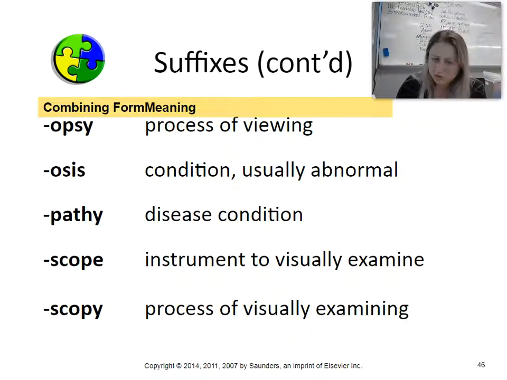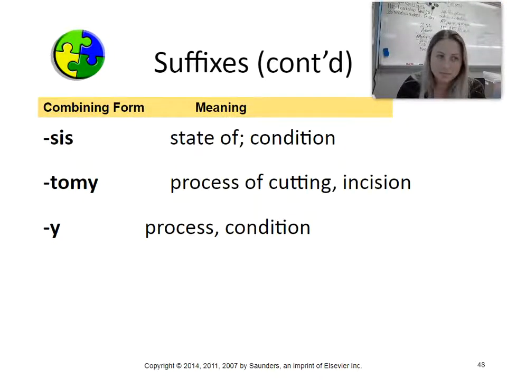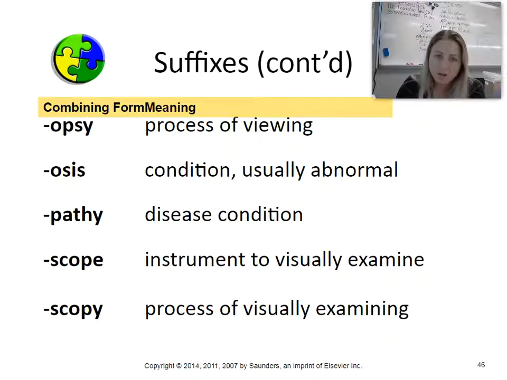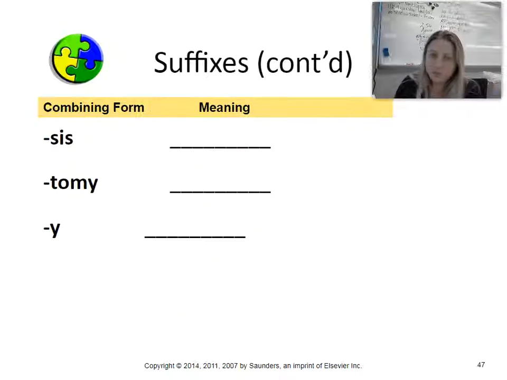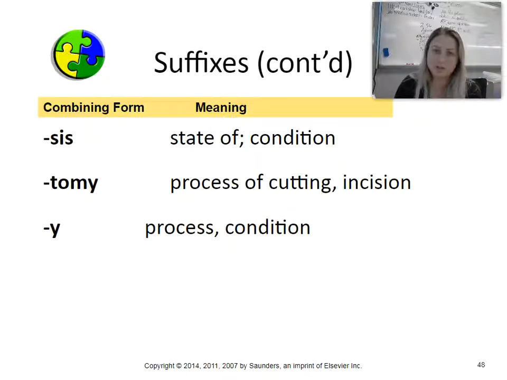Scope. This is the instrument to visually examine. Endoscopy is the process of visually examining. Cis, state of or a condition, not necessarily abnormal, right? We had osis, which is usually an abnormal condition. Then you have cis, which is just a normal condition.